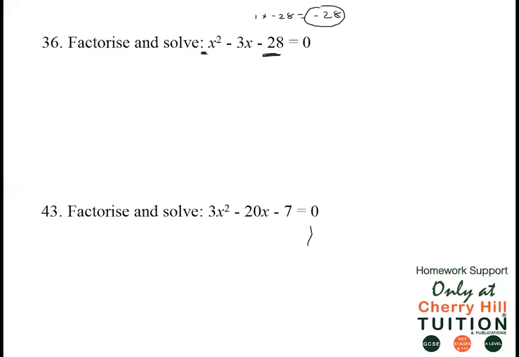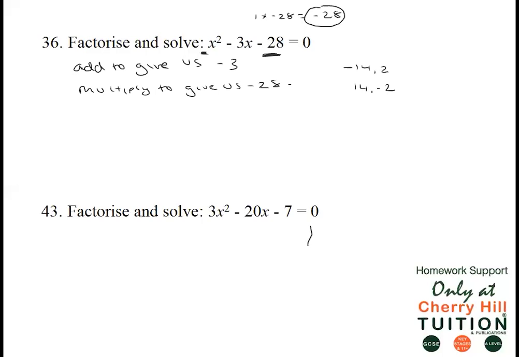Now we need two numbers that add to give us minus 3 and multiply to give us minus 28. Now let's think about the pairs that multiply to give us minus 28. So we have minus 14 and 2. We have 14 and minus 2.